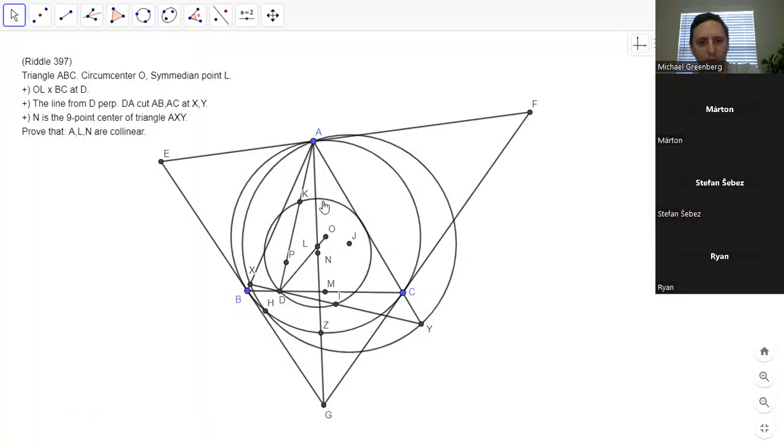So we have this one, and N is the center of this circle. And then we have this, L is the center of this circle. So LN is the line connecting the centers of those circles.